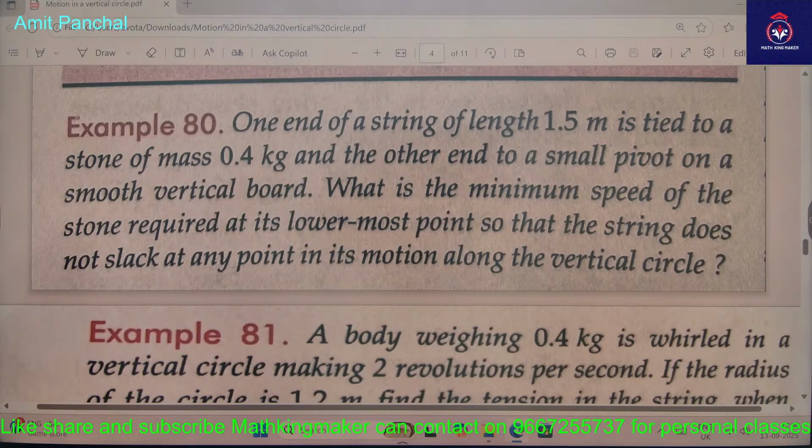Which question? First one, 80. First of all, just try to draw a diagram, then it will be easy.